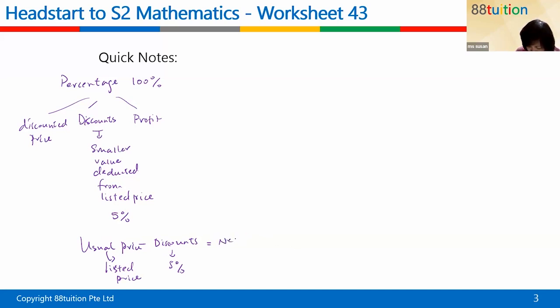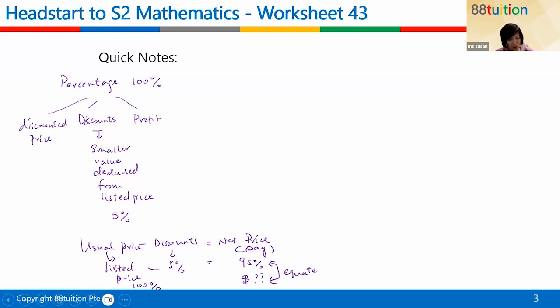Okay, net price means after sale. That means you have to pay. All right. So the listed price is always 100%. So if you minus 5%, that means this is 95%. So whatever they give you, if they give you $1 or something, then you can equate them as percentage.